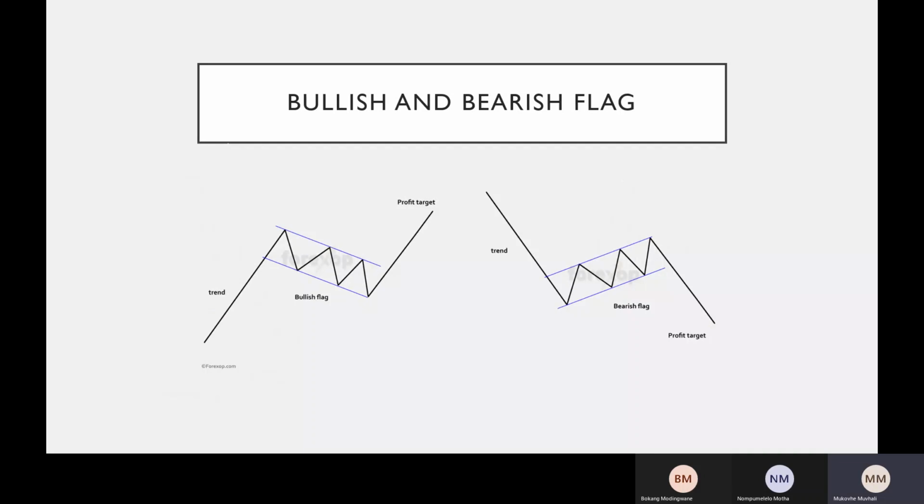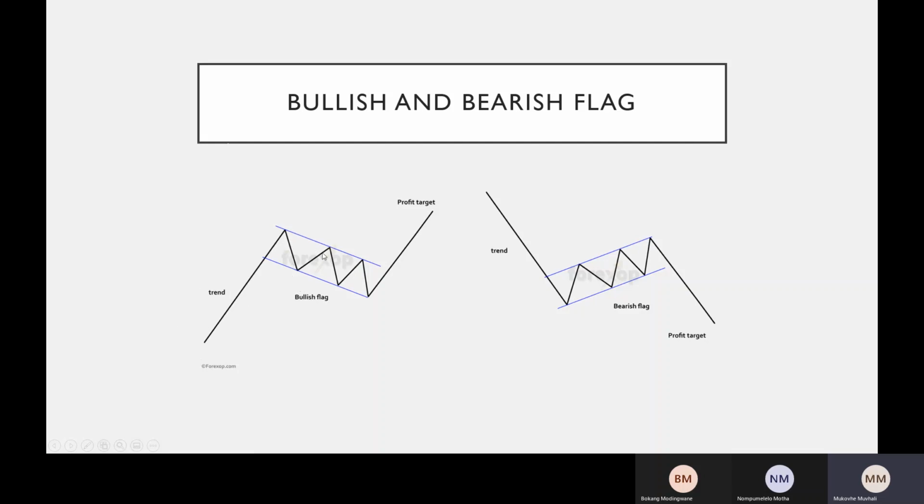Okay, so these bullish and bearish flags are more like your mini channels, but now you have them in either a downward or upward channel. In this case, your bullish flag will be a downward channel forming after a mini upward trend, or it could have been a strong upward trend.